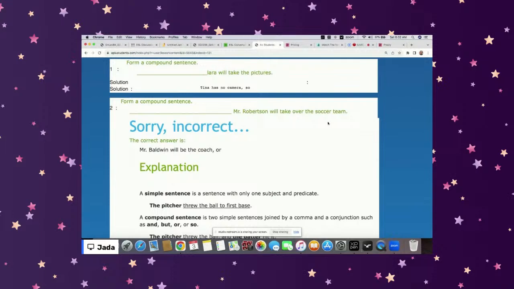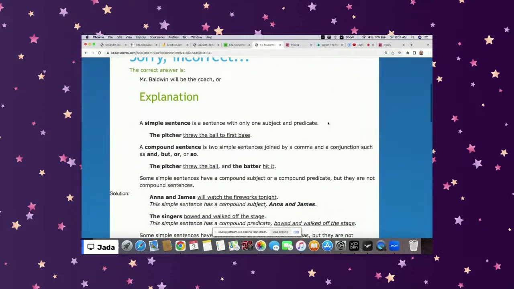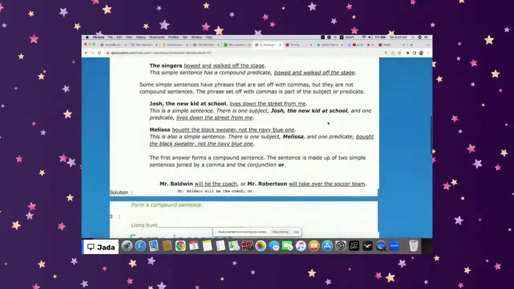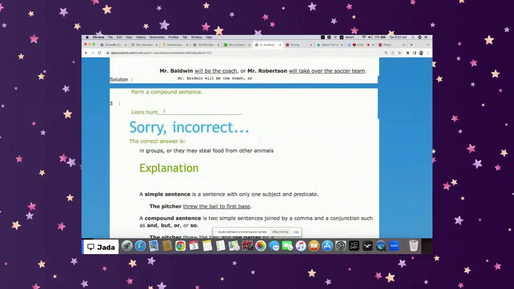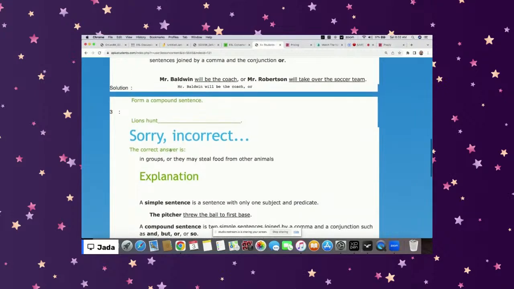Okay? So let's look at some more examples. Lions hunt in groups, or they may steal food from other animals. So look at the comma and look at or as the conjunction.